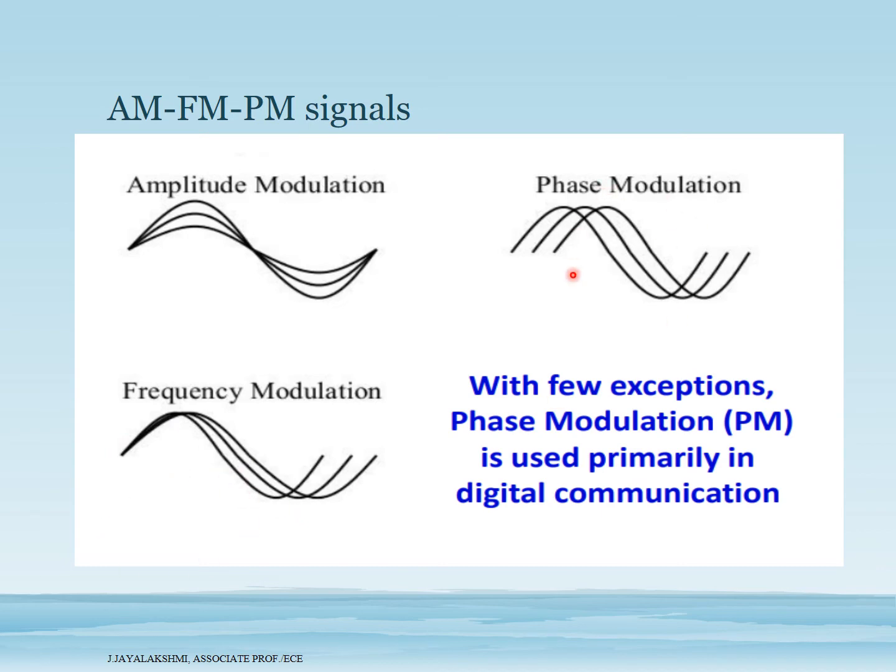In case of phase modulation, amplitude and frequency are maintained constant and your phase is varied. Everything is going to be based upon your modulating signal. You are going to vary the carrier signal. So, carrier signal amplitude is varied, carrier signal frequency is varied, here carrier signal phase is varied. Okay. So, this is how you get the modulated signals.